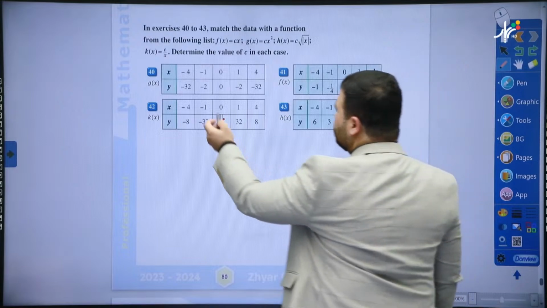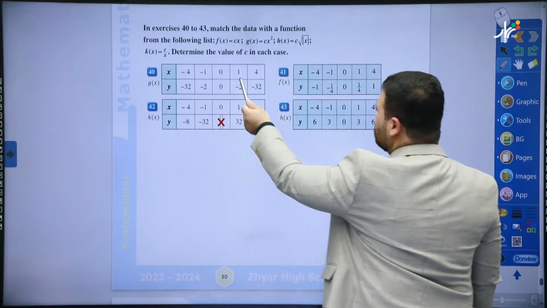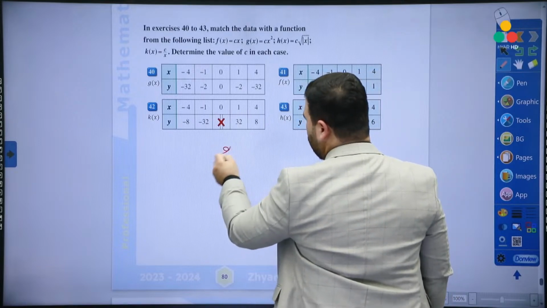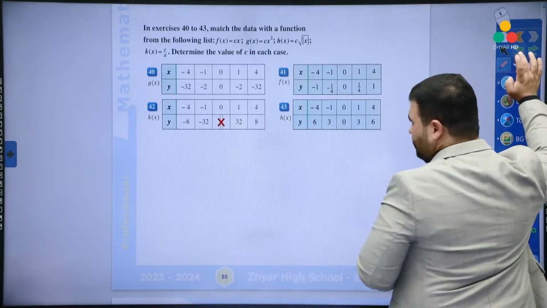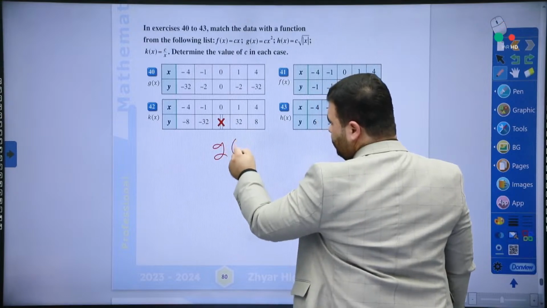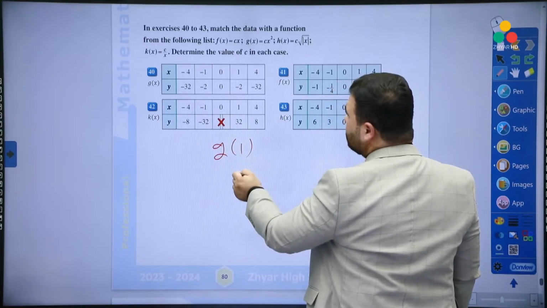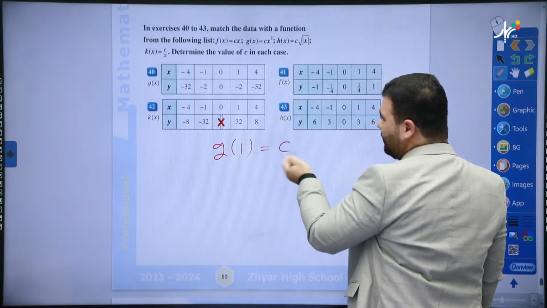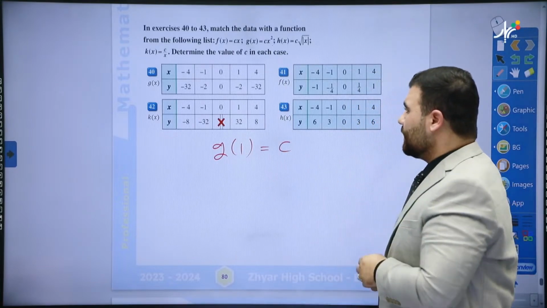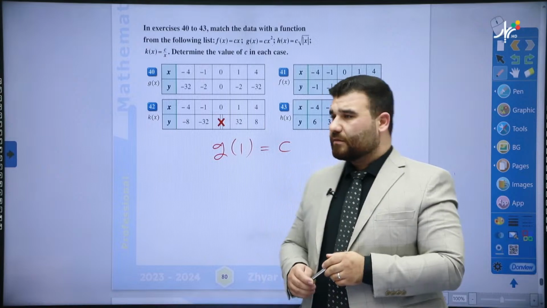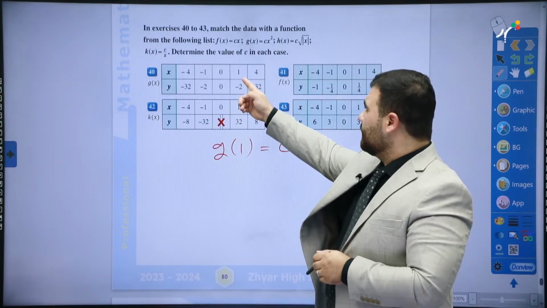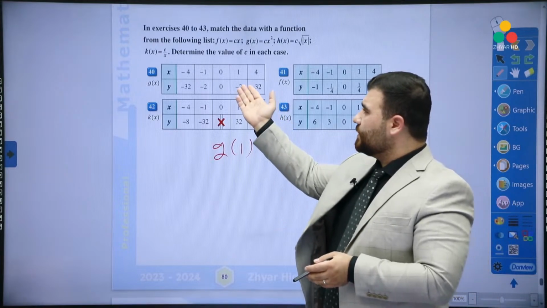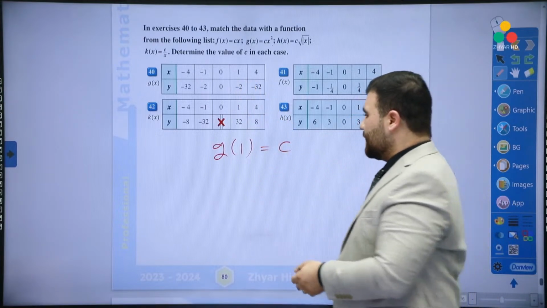Okay, here, if I put 1 in place of x in g, g of 1 is, according to this, equal to c times 1 squared, which is c. g of 1 is equal to c. Then here in this table, if this table belongs to g, then g of 1 is negative 2. This means c is negative 2.